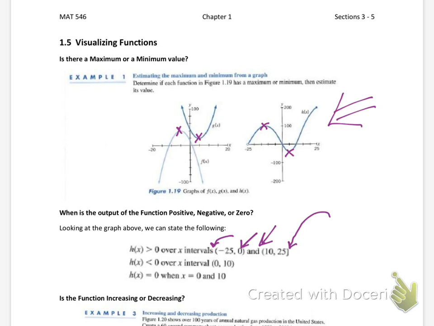At values of 0 and 10, the output is 0. All right? So that's just a strict equality. Okay, this first one was a strict inequality. This is mixed. This is a strict inequality. Okay, so those are very, very important concepts, as is the next concept about where your function is increasing and decreasing. So we'll do that next.